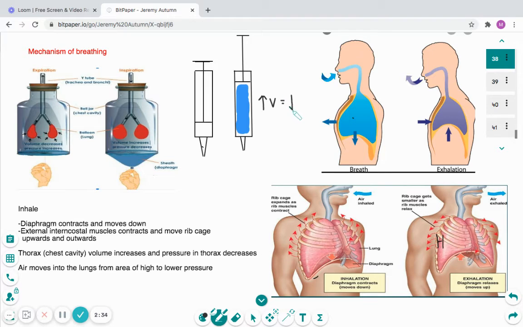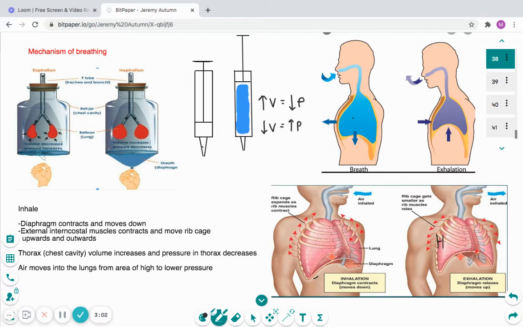You decrease pressure, and by decreasing pressure, you are causing a pressure difference, and therefore a suction occurs. And if I want to get the water out of here, I push this handle down, I'm decreasing the volume, and then I'm increasing the pressure. So this inverse relationship, this is exactly how we breathe.